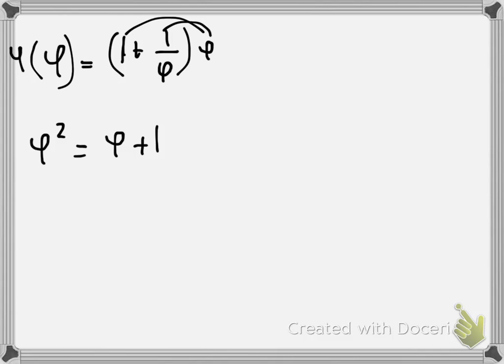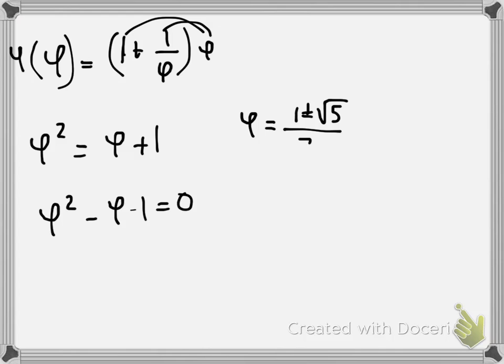So this equation ends up becoming a quadratic equation, which if you want you can solve. Phi squared minus phi minus 1 equals 0. I'm not going to go through the quadratic formula in solving this, but what you end up getting is that phi is the same as 1 plus or minus the square root of 5 all over 2.